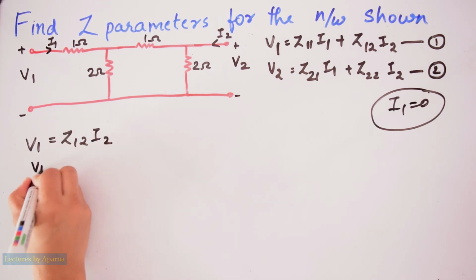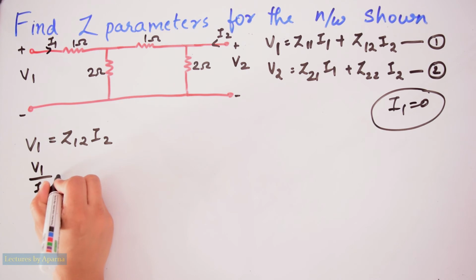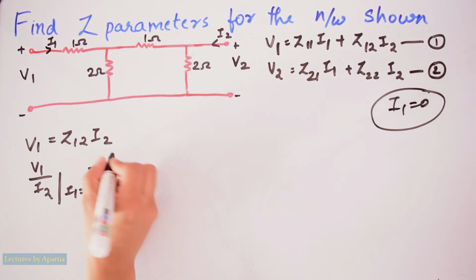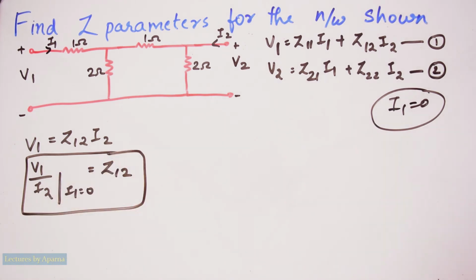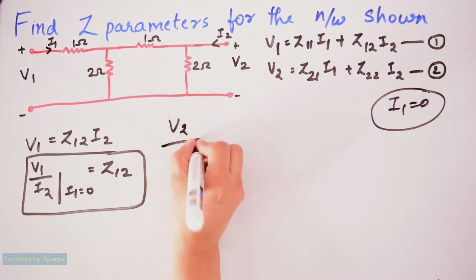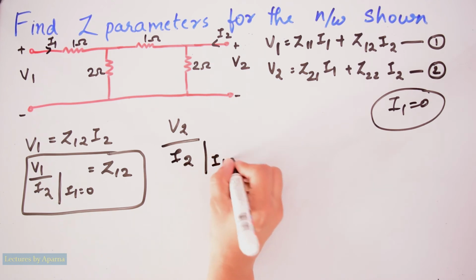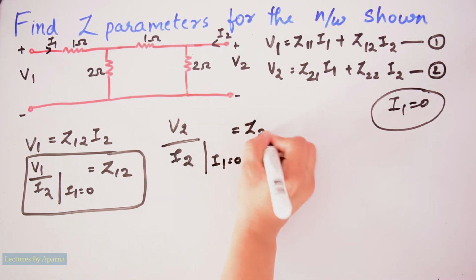Therefore, V1 by I2 when I1 equal to 0 is equal to Z12. And when we put I1 equal to 0 in equation 2, we will get V2 by I2 when I1 equal to 0 is equal to Z22.